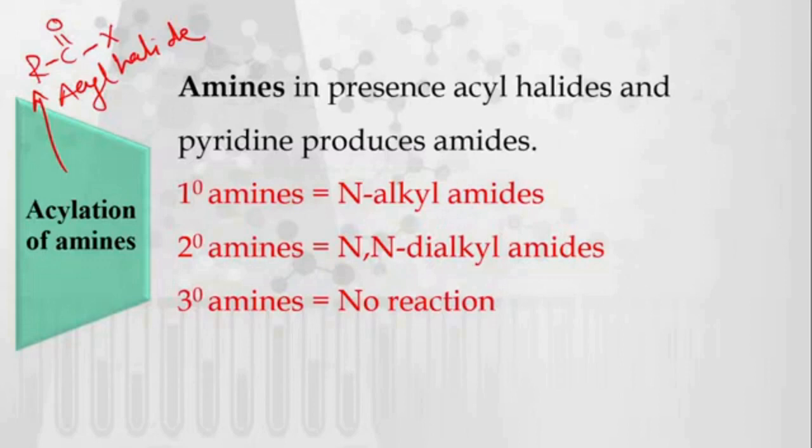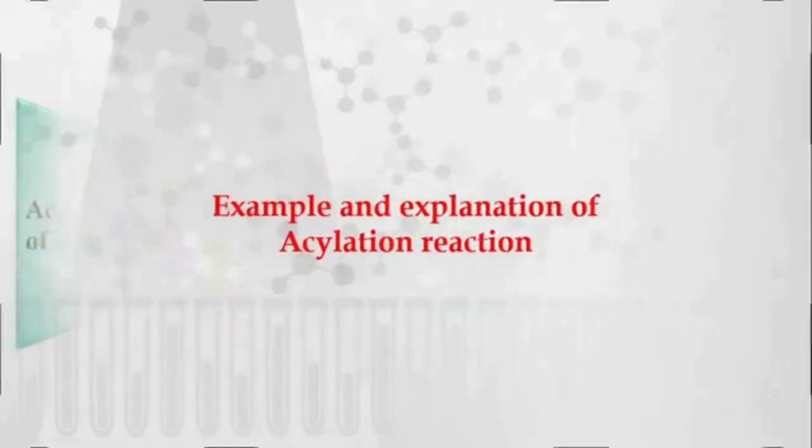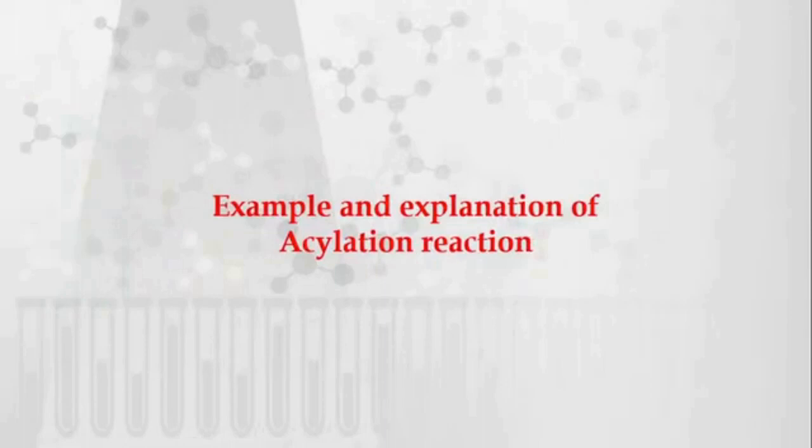We'll explain how each of these reactions takes place. Tertiary amine gives no reaction because of the absence of a hydrogen atom directly attached to the nitrogen. We'll see the explanation and some examples for this acylation reaction.